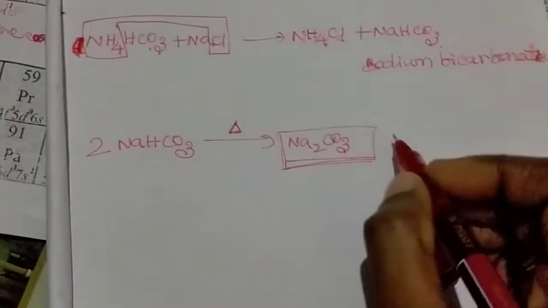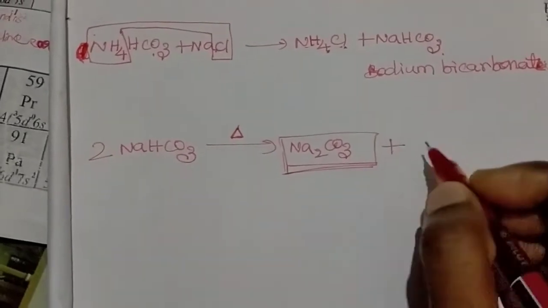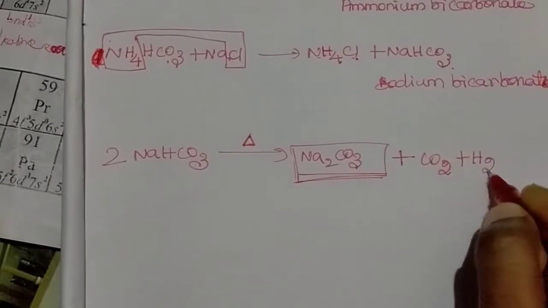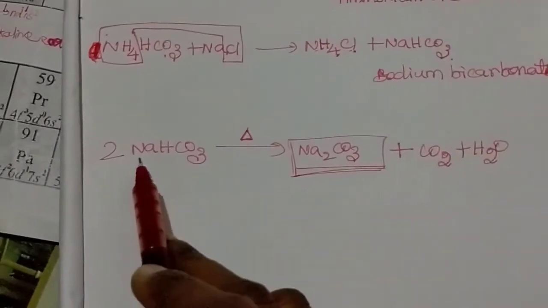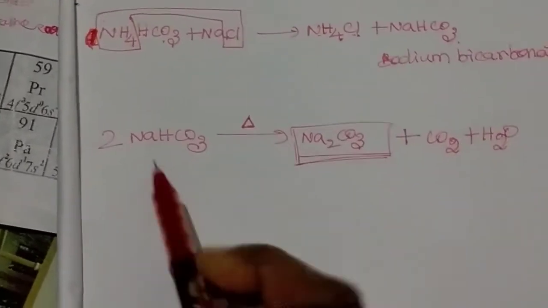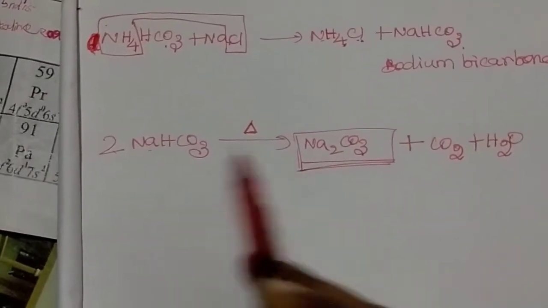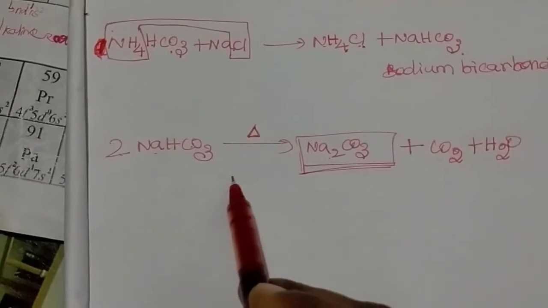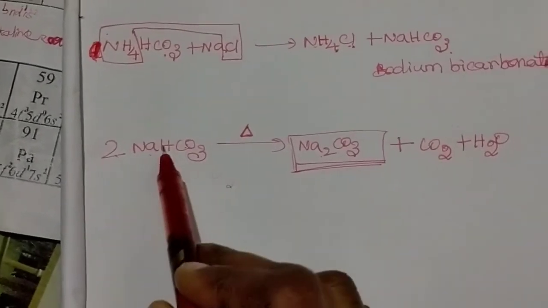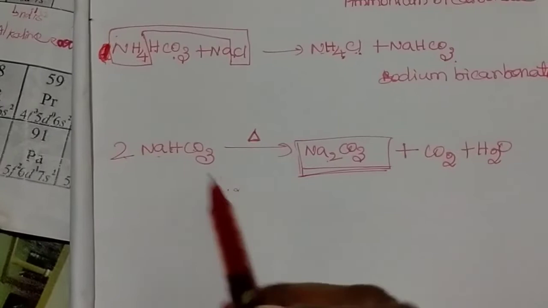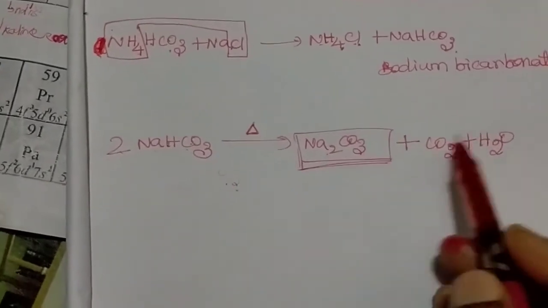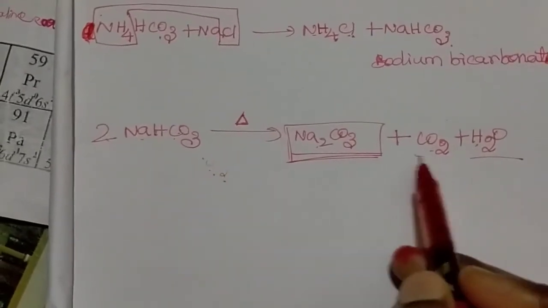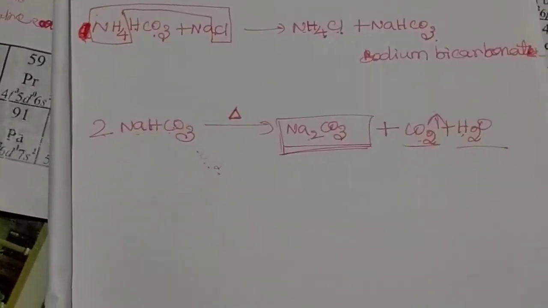Then CO2 plus H2O. Look at this: 2NaHCO3 gives Na2CO3, combined with 1 CO3 and the remaining CO3 remains here. The 2 hydrogen combined with 1 oxygen produce H2O, and the remaining CO2 is evolved as CO2 gas.